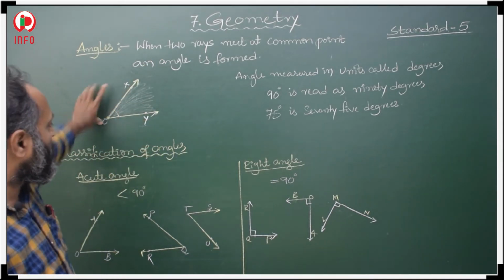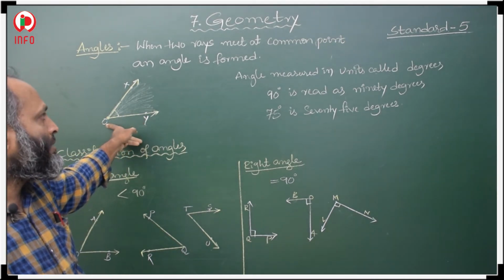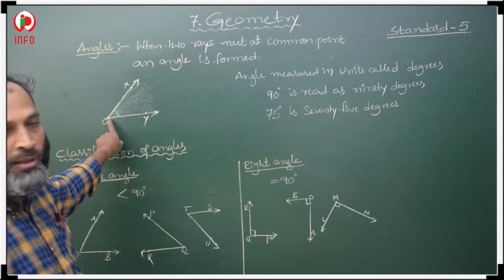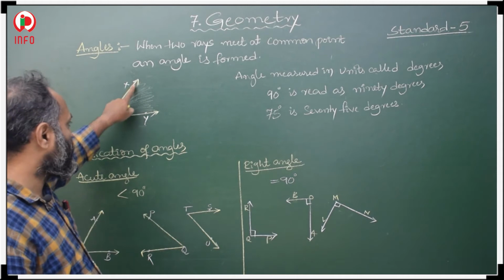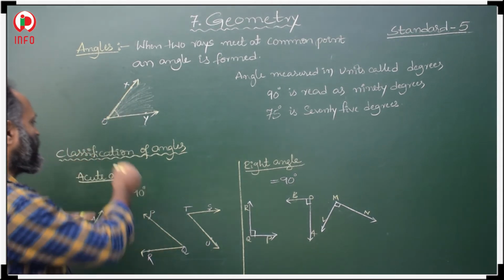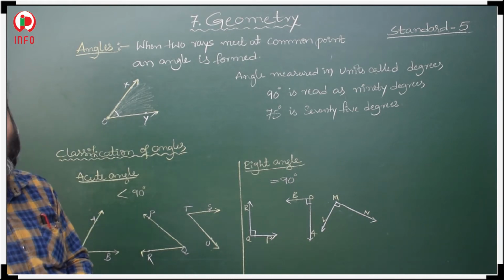Here OX and OY are the two rays. These two rays meet at a common point O, and we form an angle. So this complete portion is our angle. This represents an angle.